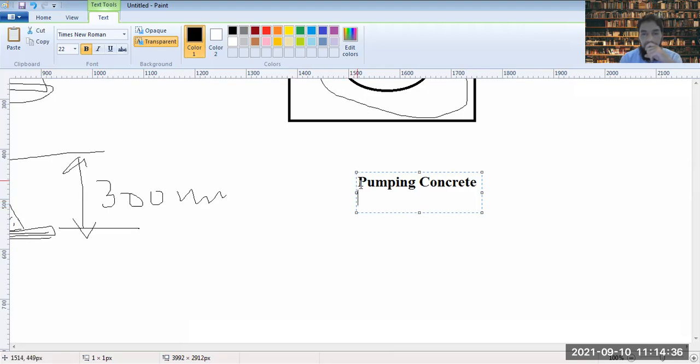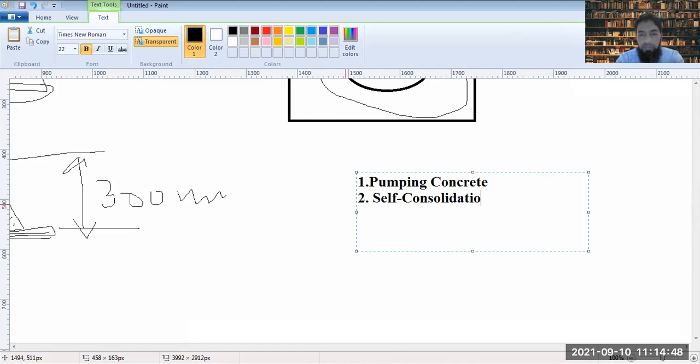Second, in the case of structures where we have concrete which needs self-consolidation. Self-consolidation is where the concrete itself is settling down. You do not need, or you hardly need, vibrators in self-consolidating concrete.